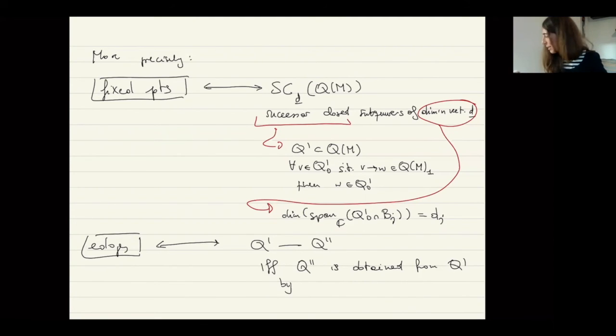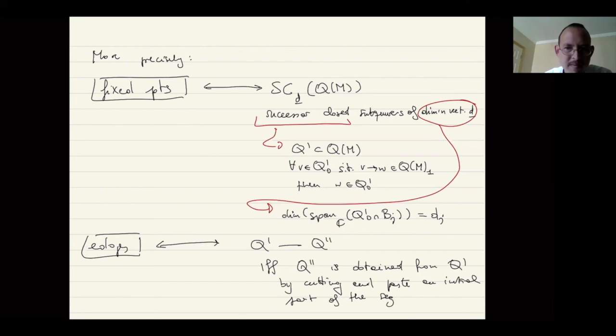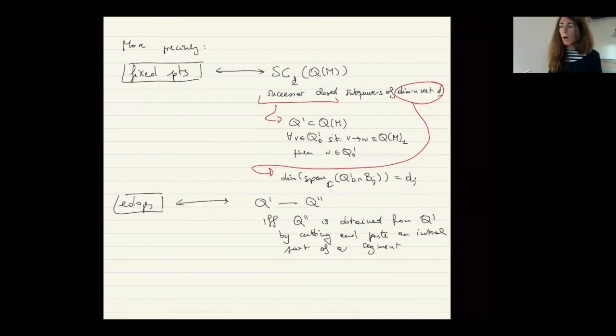So Q second is obtained from Q prime by cutting an initial part and pasting an initial part of a segment. And the labels can be described in terms of the gluing vertex of this moved part.